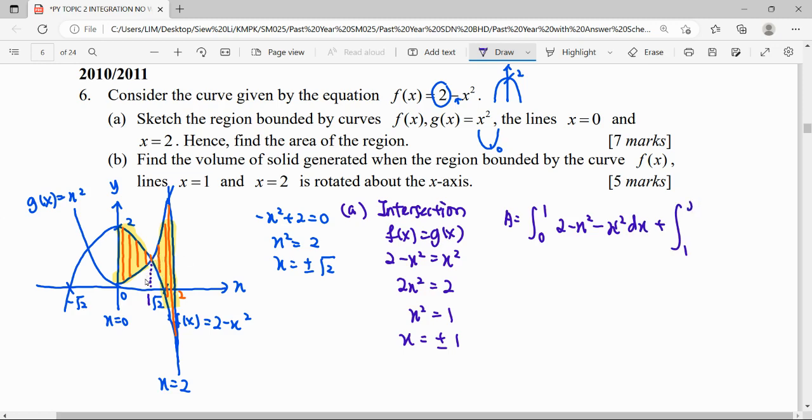So 1 up to 2, the graph above it at the top is g(x), which is x squared, minus the graph below, which is 2 minus x squared, dx. So simplify this formula, we integrate 2 minus 2x squared, and then 2x squared minus 2.